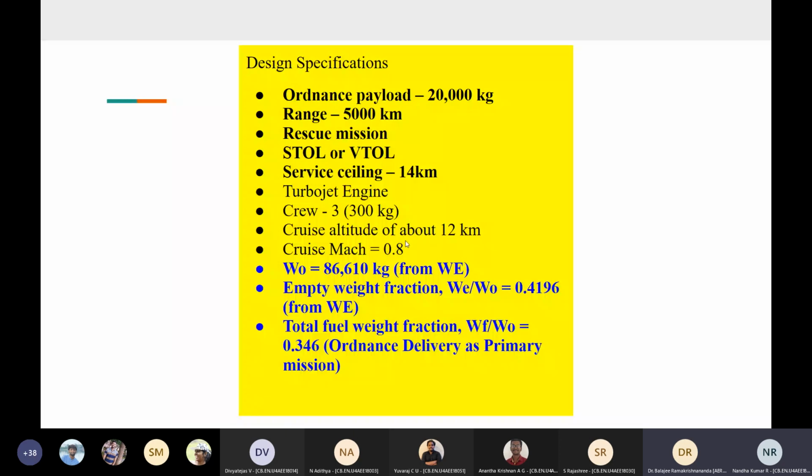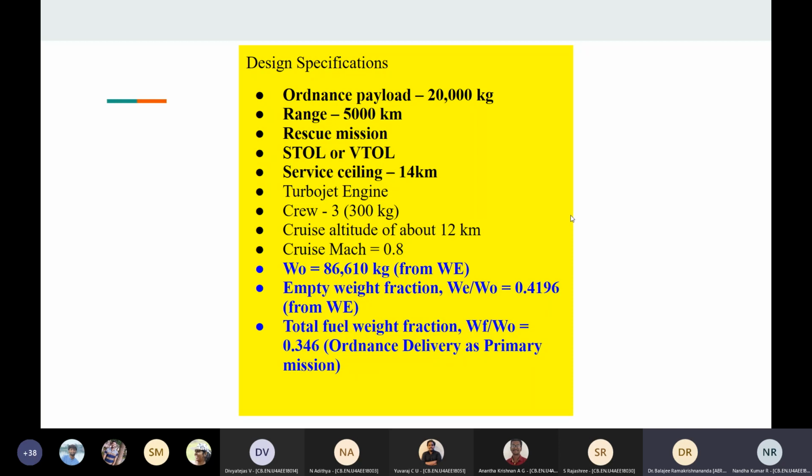Sir, the Mach number was around 0.6 to 0.7, sir. But I wanted to check what will happen at 0.8 Mach number for military cargo aircraft. Is 0.8 necessary for military cargo? The reason is that 0.8 means there will be more complications in the design. Transonic flow design is more complicated.